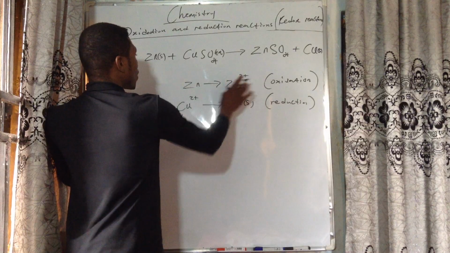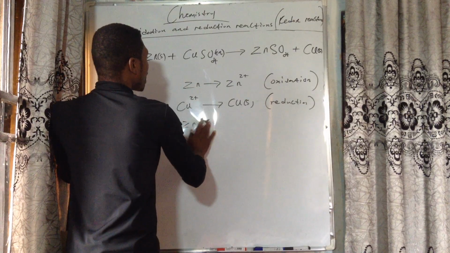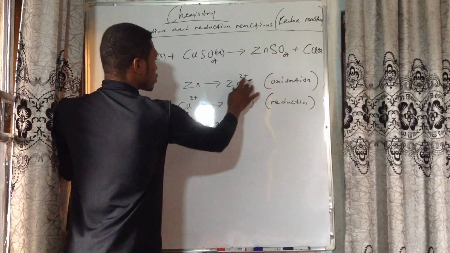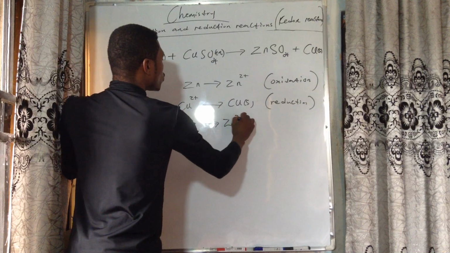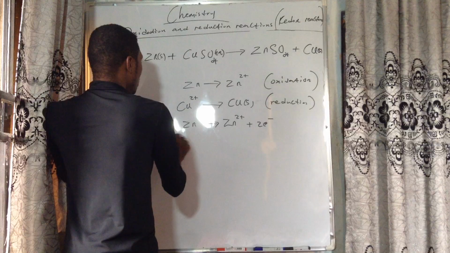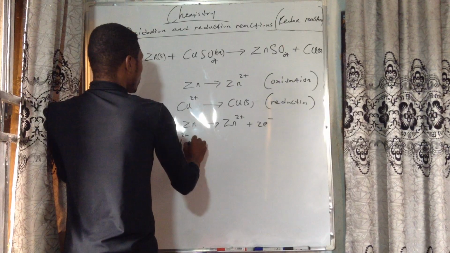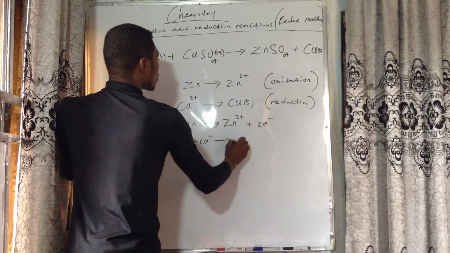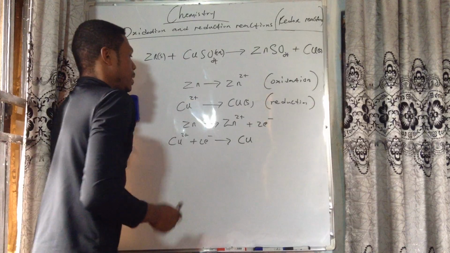So Zn, to balance it, we add 2 electrons here: Zn2+ plus 2 electrons. To balance this one, we also add 2 electrons: Cu2+ plus 2 electrons give us Cu. You understand?